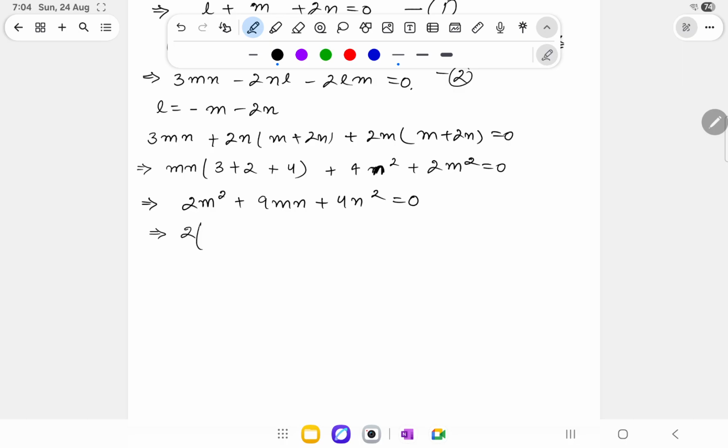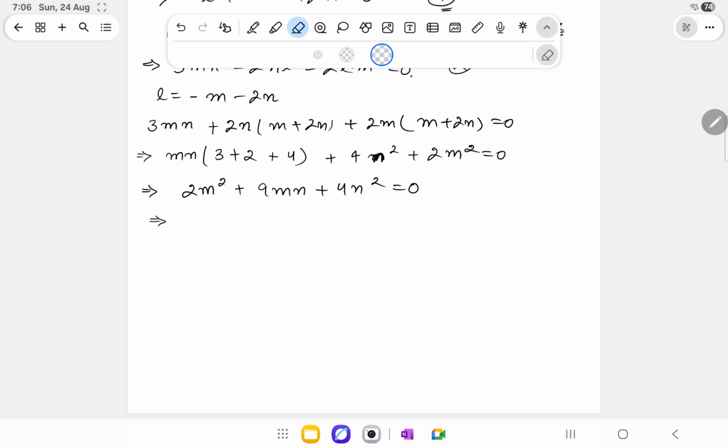If we solve it, we'll get 2m square plus mn plus 8mn plus 4n square equals to 0.